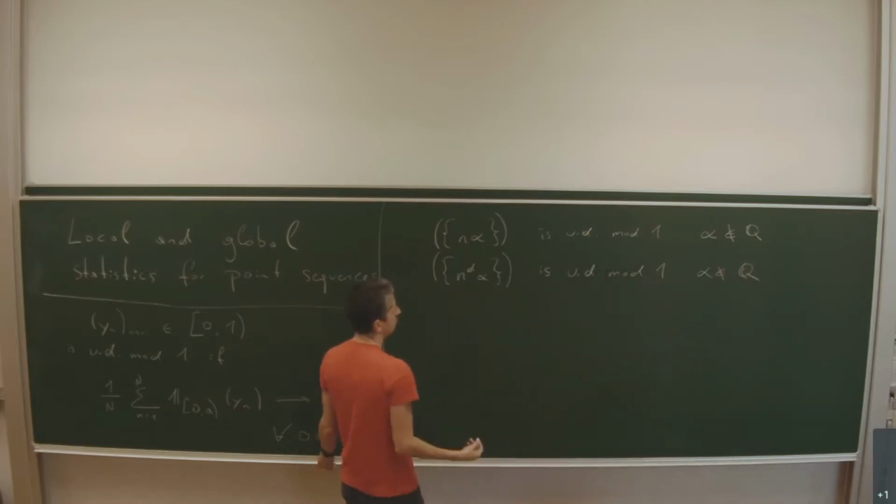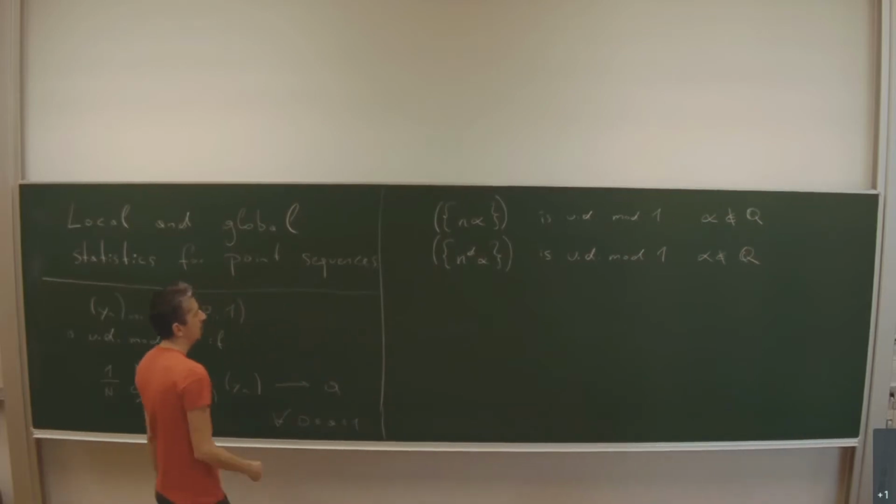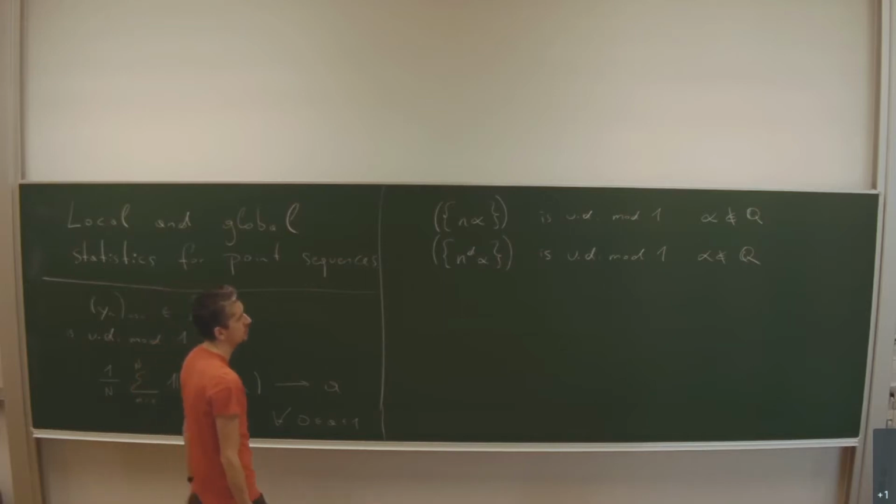And you probably also know that there is a way how you can easily check uniform distribution and how you can efficiently analytically figure out if a sequence is uniformly distributed or not.